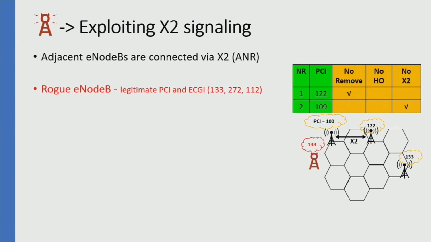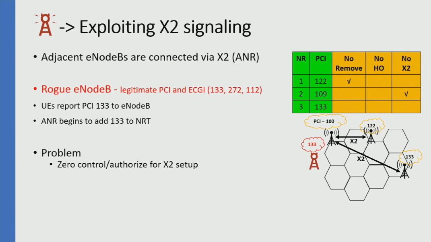So in such a scenario, if you operate a rogue base station that is spoofing the cell ID and the frequency of this base station, what happens? All the phones in this area would try to read this base station and then send measurement reports to the legitimate one. The legitimate one reads that, and then what does it do? It tries to connect or create an extra relation with the base station that's far away. The problem here is that it's not authorizing the setup of this X2 relation.